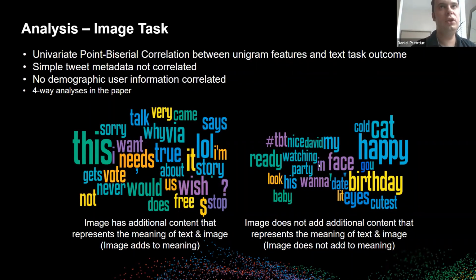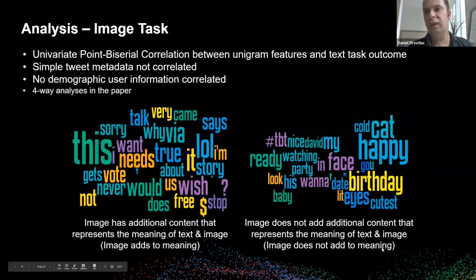On the other hand, on the image task, again, we don't see any demographic information being correlated, but when the image adds to the meaning, the most important one is this, again pointing to something or wishing someone well, for example.